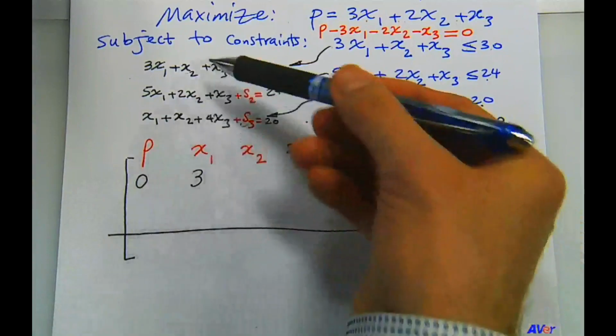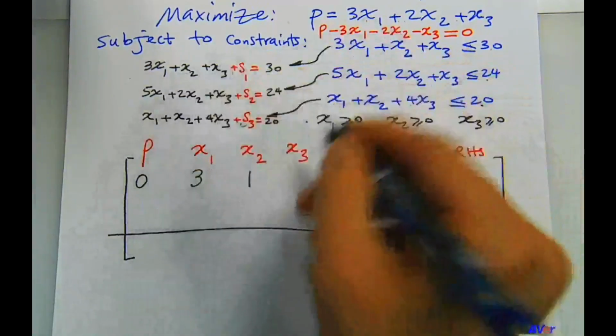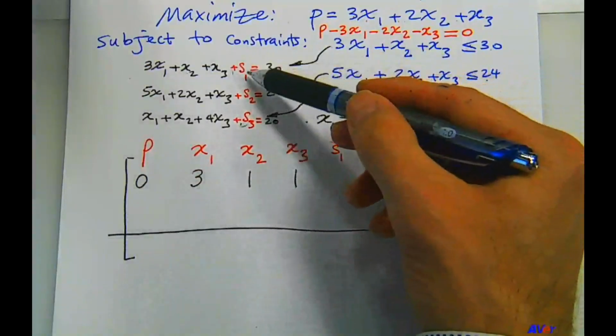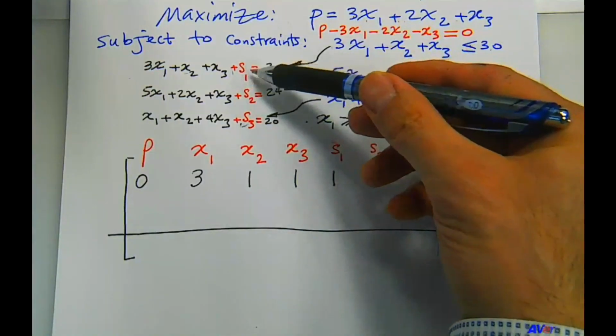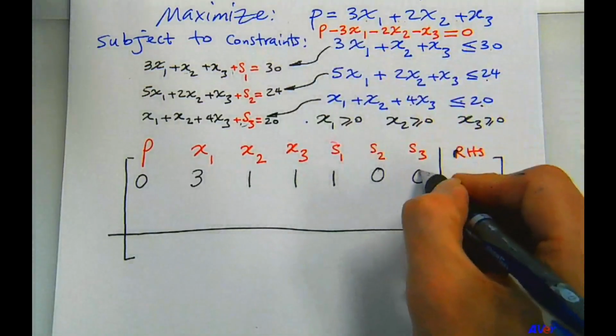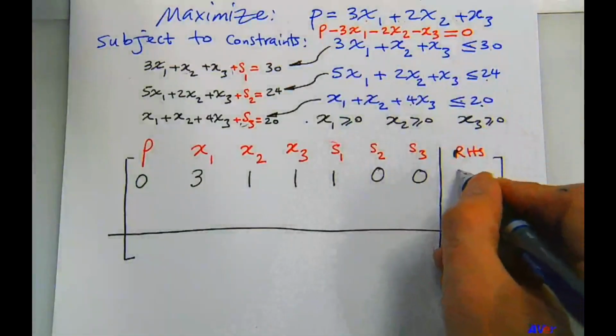There is an x2, and the coefficient is 1. There is an x3, the coefficient is 1. There is s1, and the coefficient is 1. There is no s2 or s3, so 0, 0. And the right-hand side gets the constant, 30.